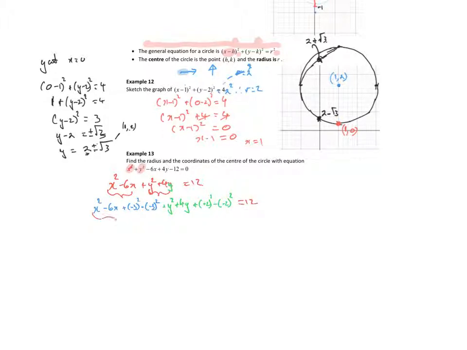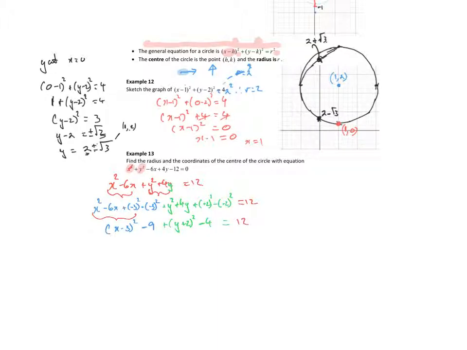There's my perfect square. (x minus 3) all squared minus 9. Go to y now. (y plus 2) all squared plus 4 minus 4 equals 12.